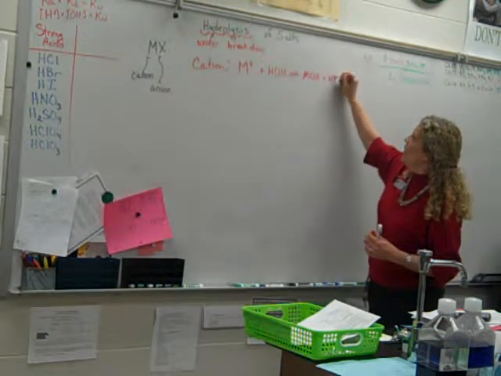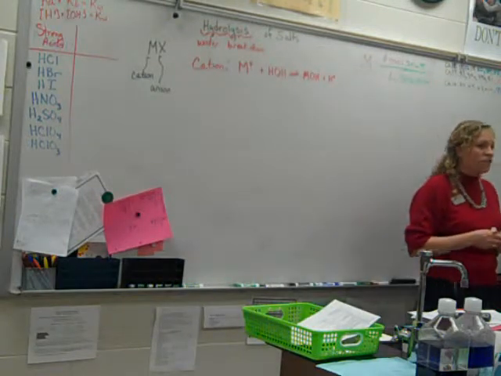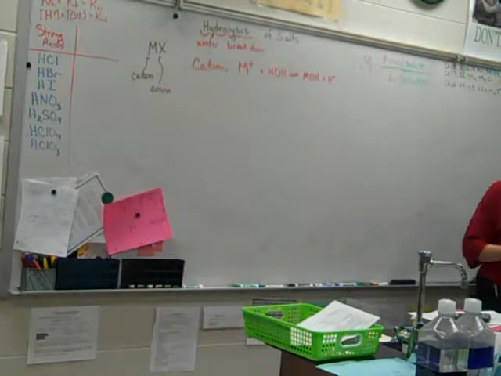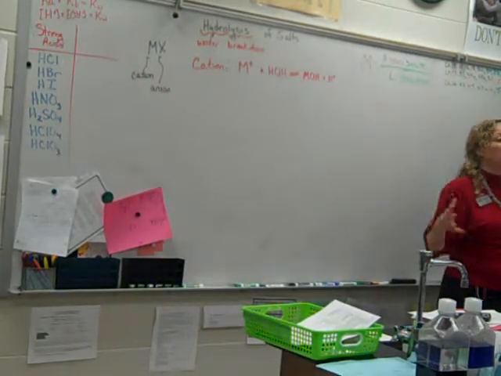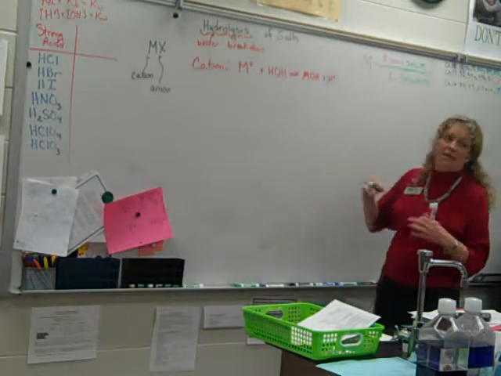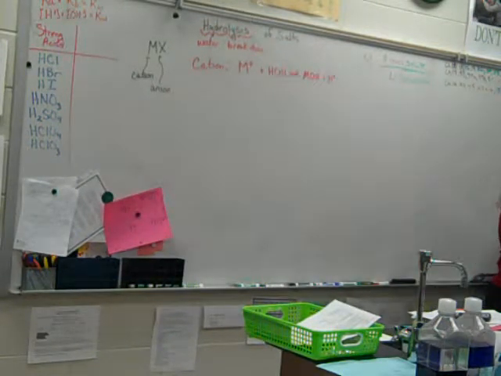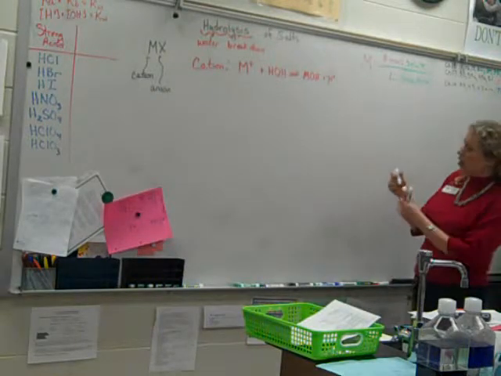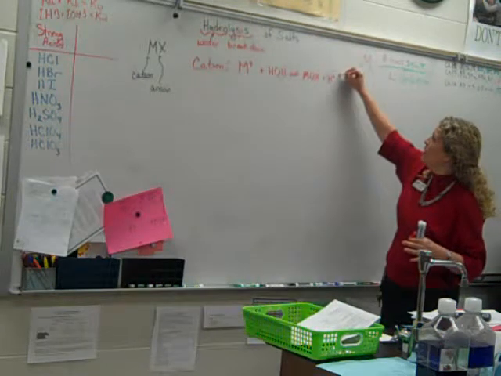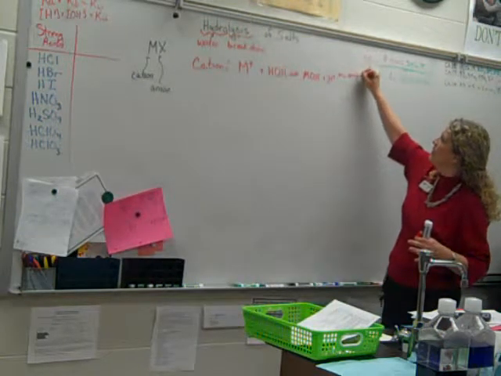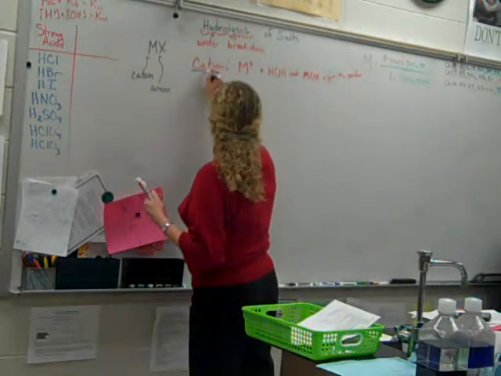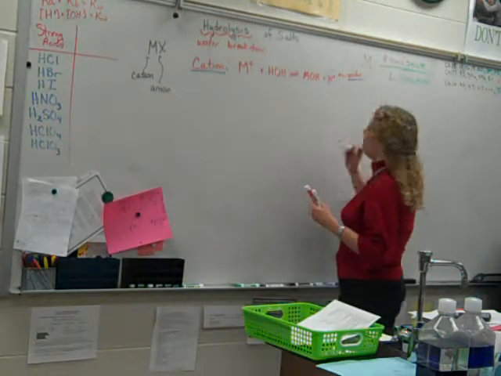Now, of the OH minus and the H plus, which one is free? Free all by itself. Just the H plus ion. Whatever ion is free and not connected, that's the one that affects the pH. And so cations, if they do anything, are going to make a solution acidic. Okay? So cations can make a solution acidic.